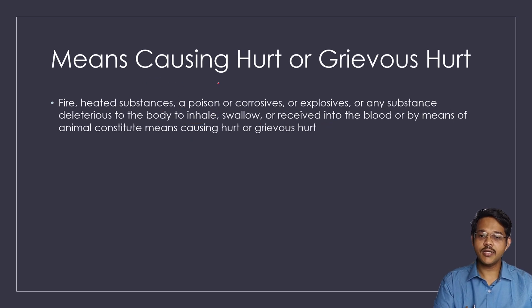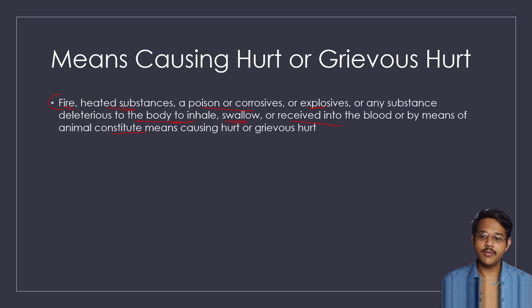Then means of causing hurt or grievous hurt. Means includes something other than instruments, like fire, heated substances, poison or corrosives, explosives, or any substance deleterious to the body to inhale, swallow, or receive into the body, or by means of an animal. So here means doesn't include only instruments.